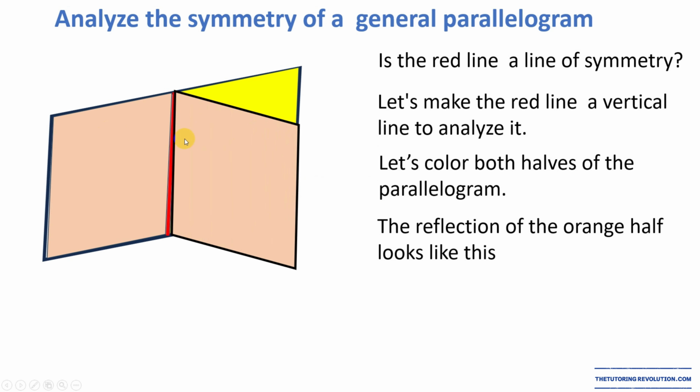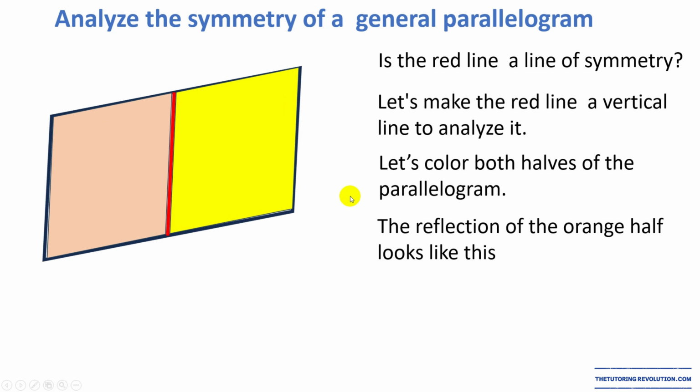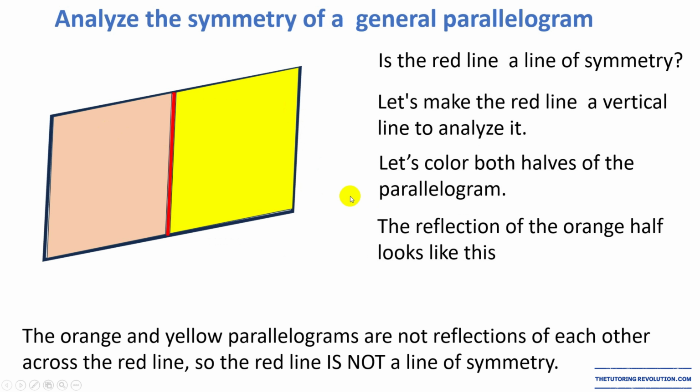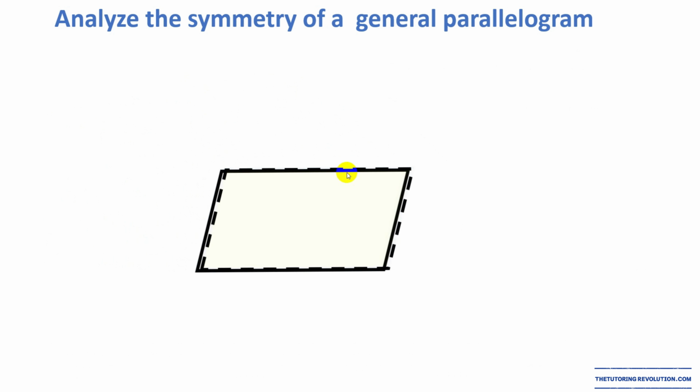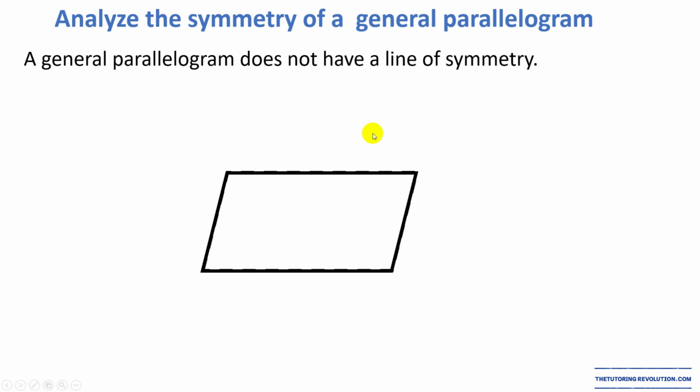So we see that the orange reflection does not match the yellow part. Since they don't match, they are not a reflection of each other. Therefore, the red line is not a line of symmetry. A general parallelogram does not have a line of symmetry.